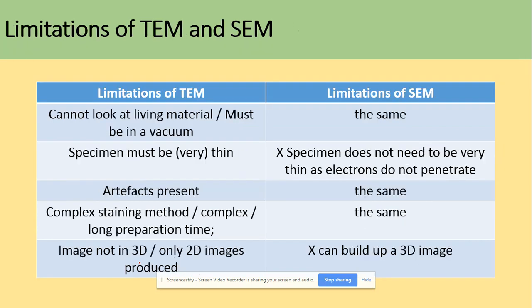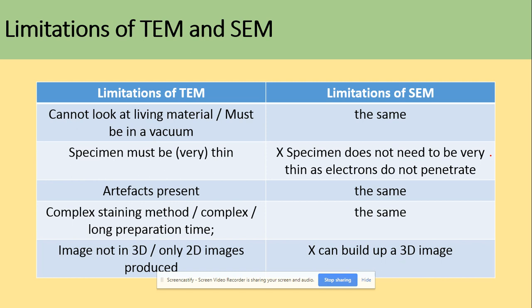Next, we're looking at the limitations of TEM and SEM. Obviously, as we've said, you cannot look at living material, and that applies to SEM as well. For TEM the specimen must be very thin. For the limitations of SEM, the specimen does not need to be as thin, because electrons do not penetrate.